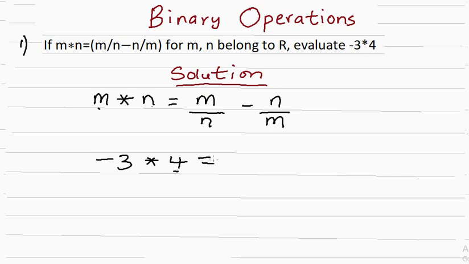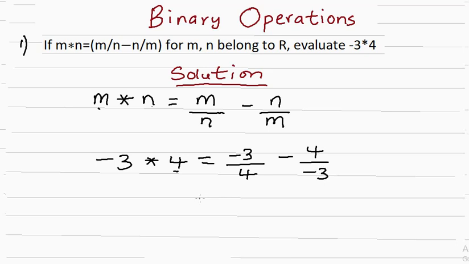So we substitute into the formula: m is −3, n is 4, then n/m is 4 divided by −3.